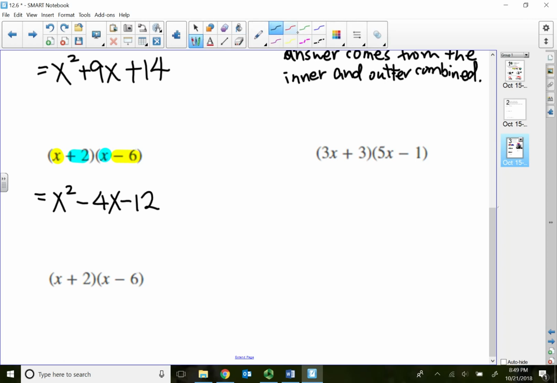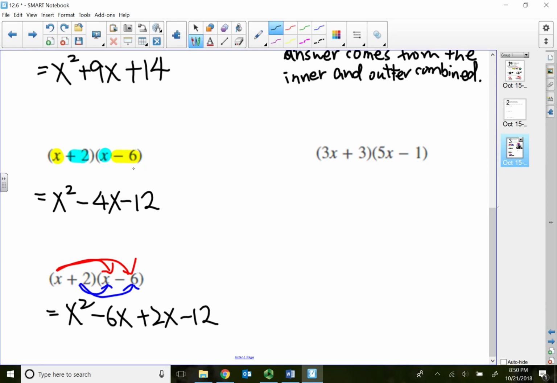Now, if you want to just write everything out, that will be perfectly fine as well. If you say x times x is x squared, and then x times -6 is -6x. All right, inner positive 2, begin to do distribution. Positive 2 times x is positive 2x. And then positive 2 times -6 will give me -12. If you want to do it this way, that will be fine.